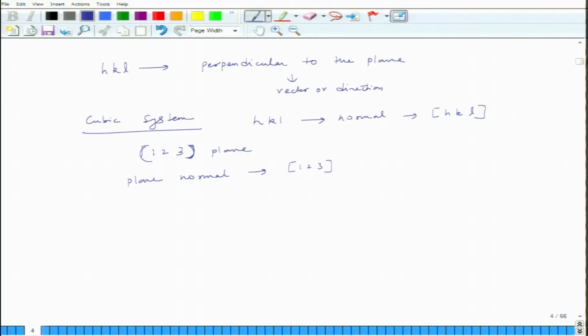In case of other systems, it may apply to certain planes, it may not apply to certain planes. For example, in case of tetragonal, you can see that the 1 0 0 plane and 1 0 0 direction are perpendicular.